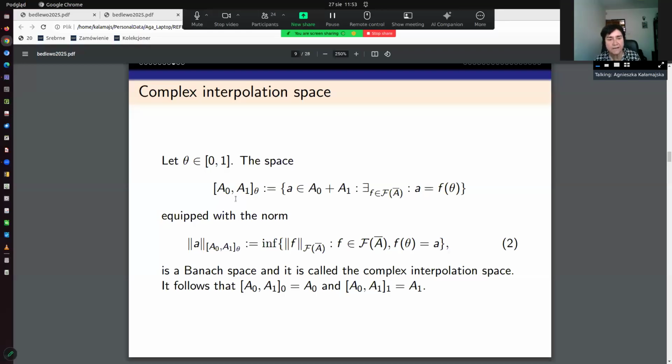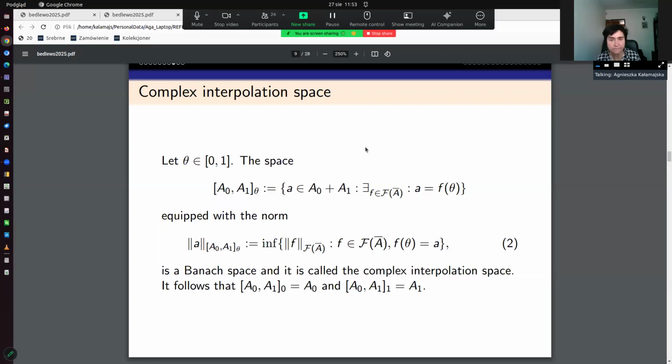And then by A0, A1 with this number theta, I call the set of all elements of A0 plus A1 such that I will find a function f defined on the strip as before.